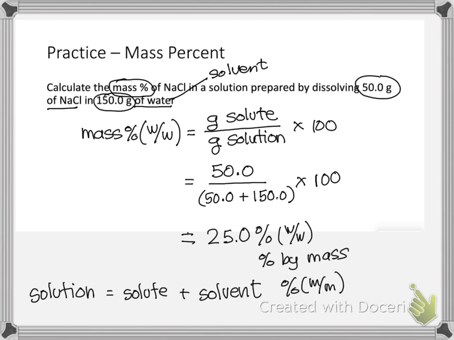Now, I want to relate this to what you did in lab. In lab, we evaporated the solvent, water, off, and we had our dry salt. So you should have a measurement for dry salt. That would be your solute. Now, the grams of the solution, you don't have to add. The grams of the solution you measured before you started boiling, right?